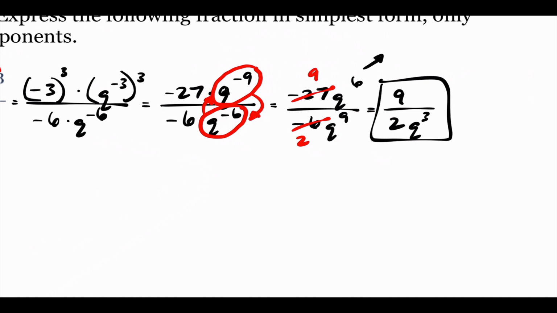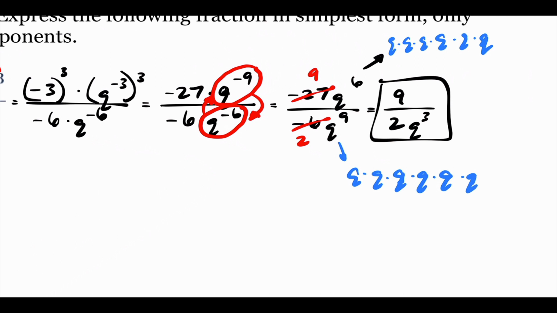Because this means q 6 times. This means q 9 times. When I cancel them out, there's 3 left on the bottom.